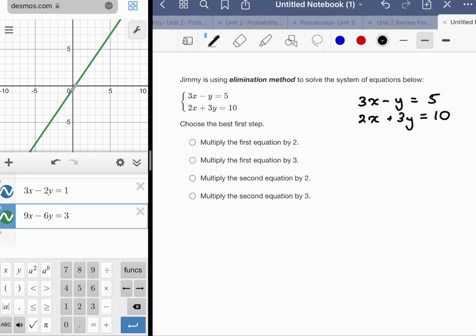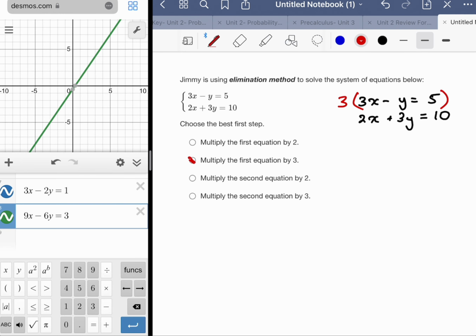In this case, it seems like if we can get the coefficients for y to be opposites of one another, that would get the job done easier than trying to get the coefficients of x to be opposites of one another. So I'm looking at this negative y and thinking to myself, if only that was a negative 3y, that would be great. The way I can accomplish that is by multiplying the first equation by 3.